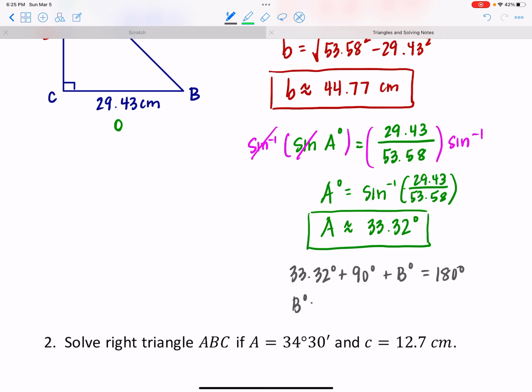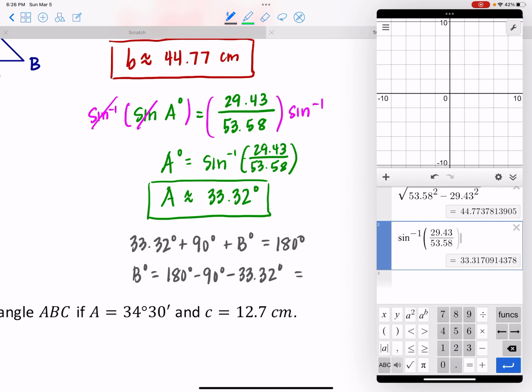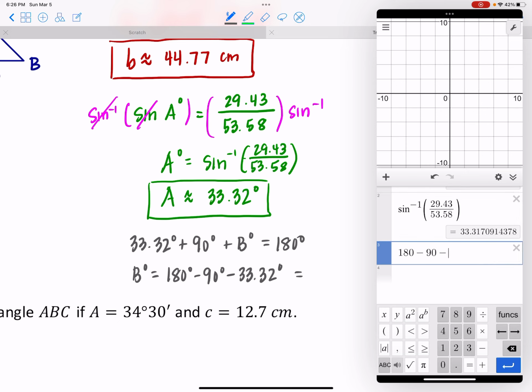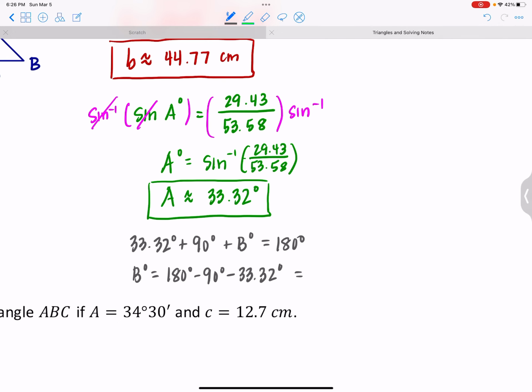So angle B is going to be 180 minus the 90 and minus the 33.32 that I already have in there. So all together, I'm going to end up with a calculator. So I have 180 minus the 90 and minus the 33.32, so 56.68 degrees.